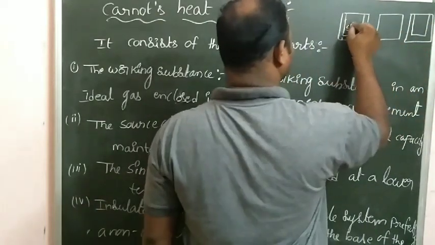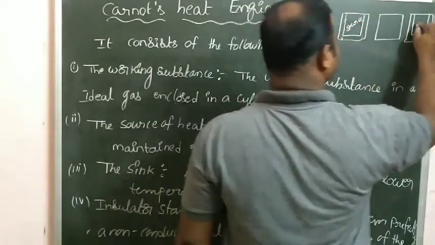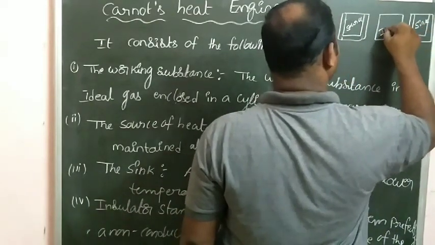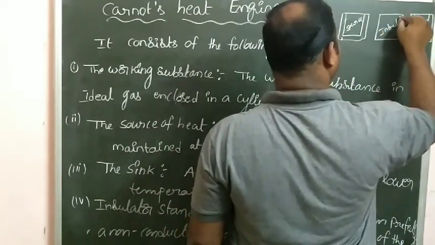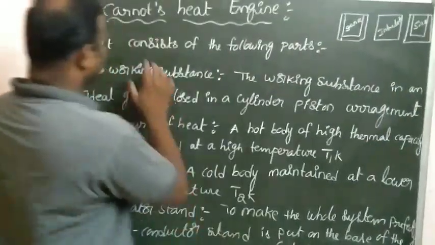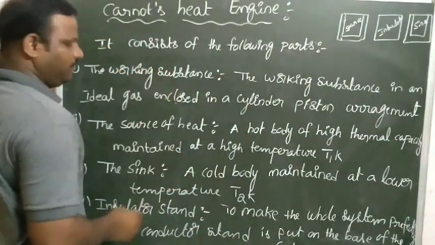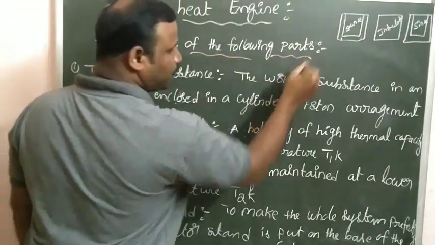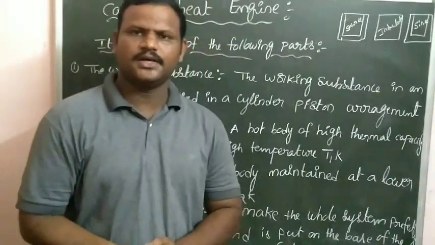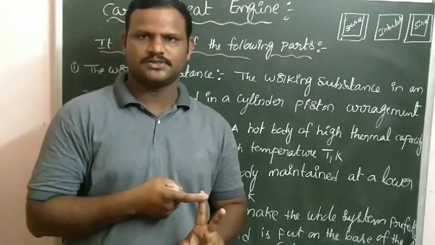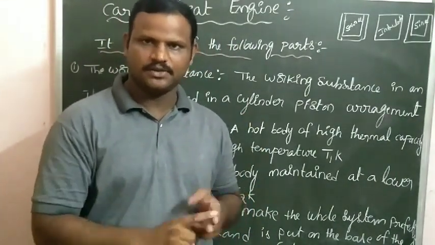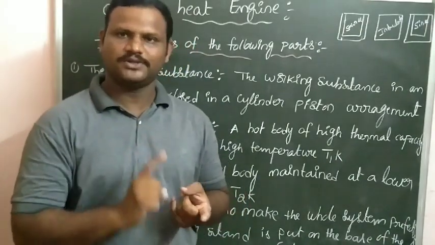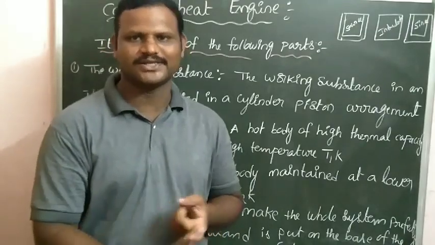This is the source, this is the sink, this is the insulator. Okay, it consists of the following four parts: the working substance, the source of heat, the sink, and fourth, the insulator stand.